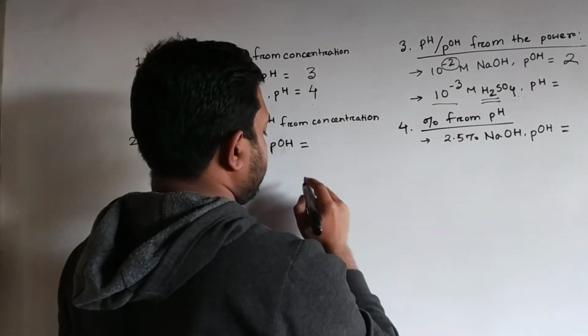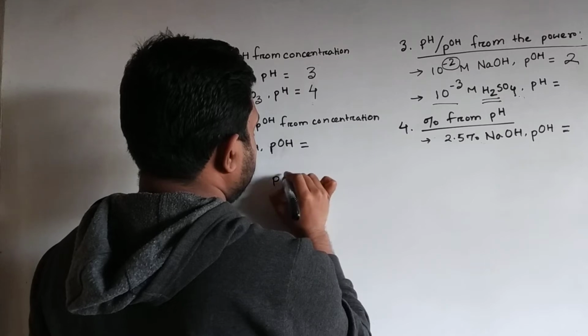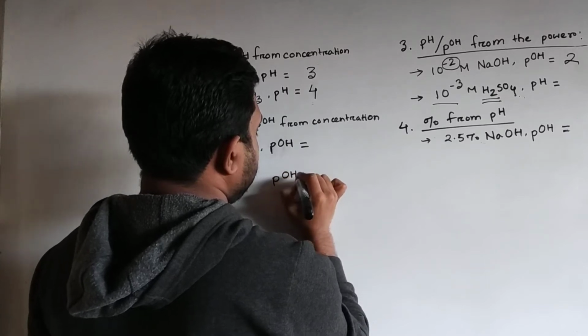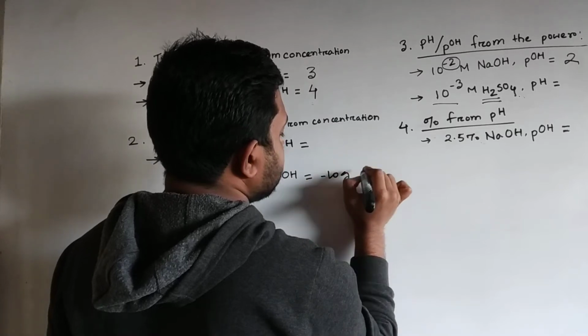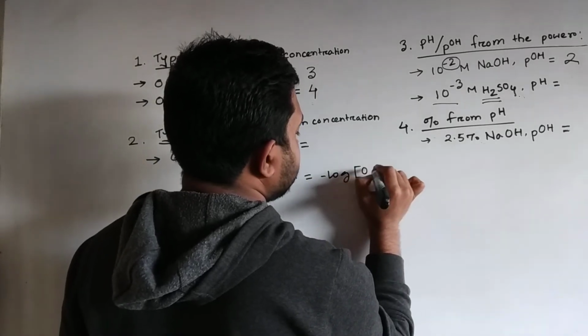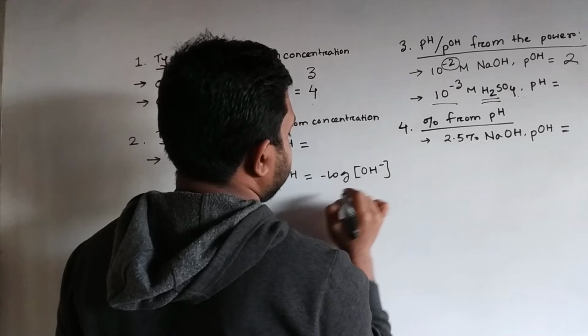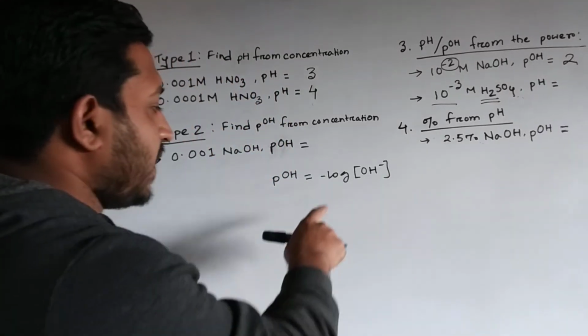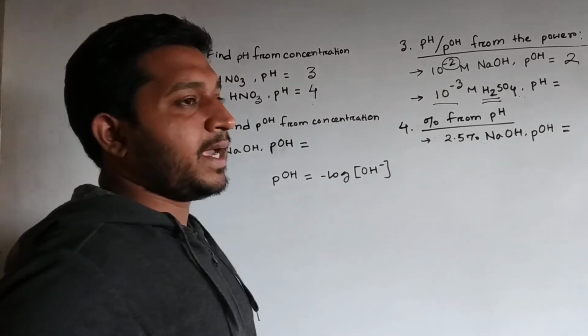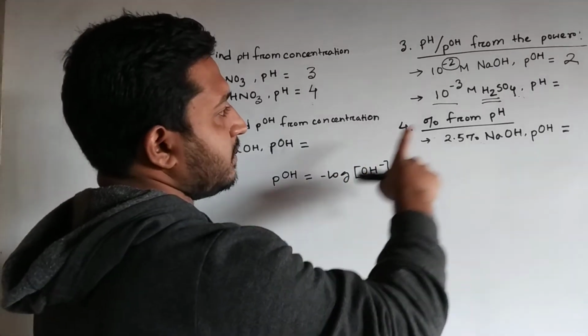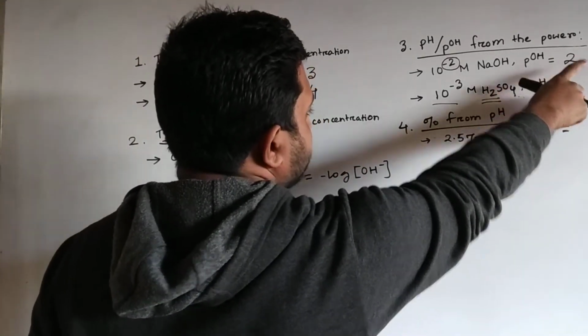Because we know that the formula of pOH or pH is minus logarithm of the molar concentration of the hydroxyl ion. Here we can see the minus is also present. If we multiply minus and minus, it will be plus. So our value will be 2.